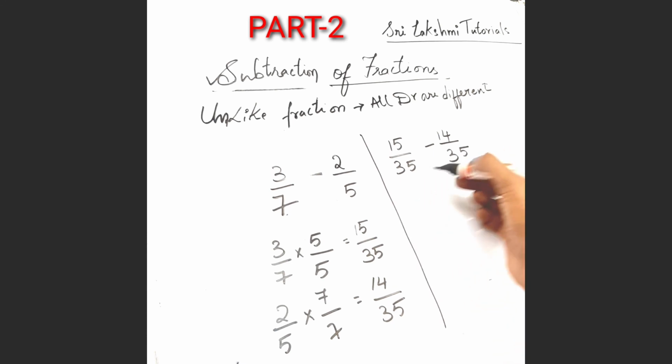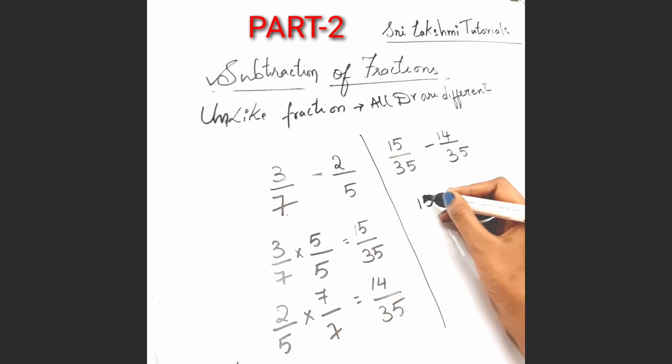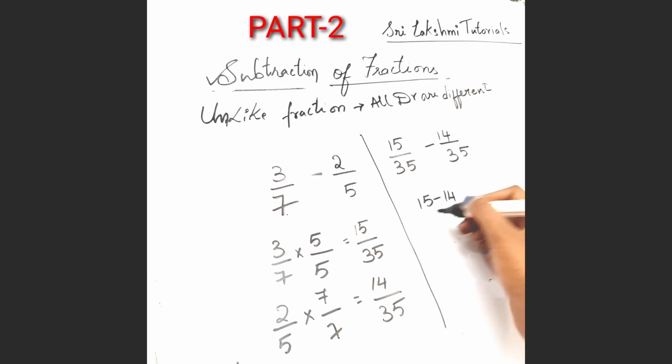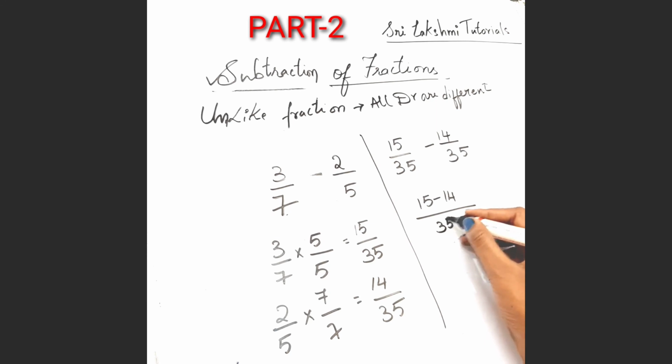Now we made these fractions into like fractions. Now directly subtract the numerators and take the denominators only once. So you will get here 1 by 35. 15 minus 14 is 1. Denominator as it is, the answer will be 1 by 35.